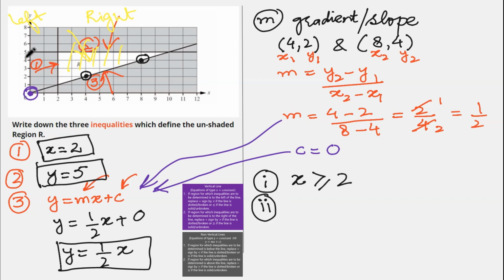Y equals 5. This is your horizontal line, right? If you look at the region, where does your region lie?